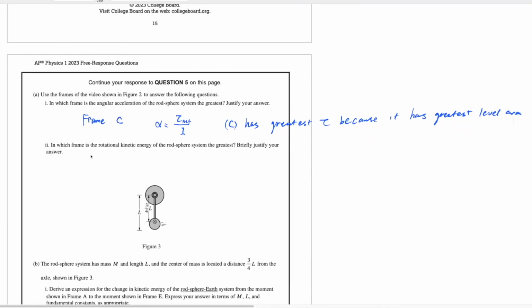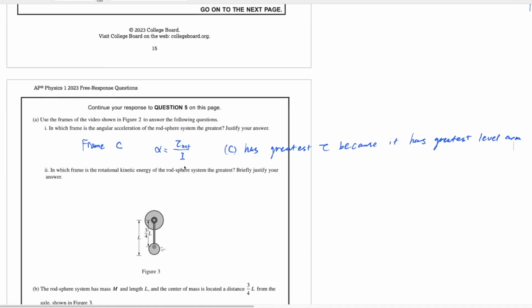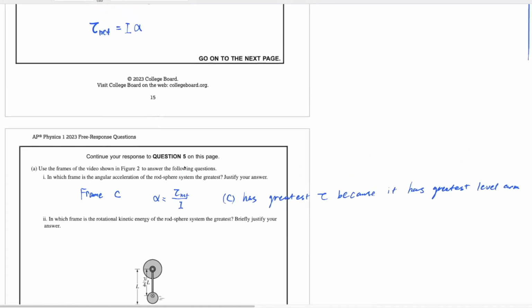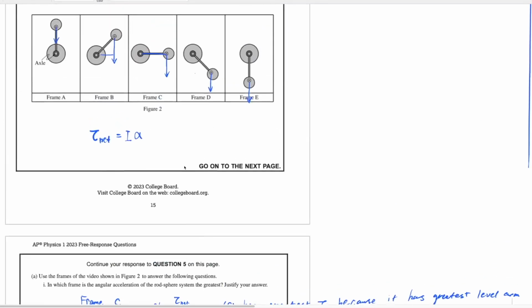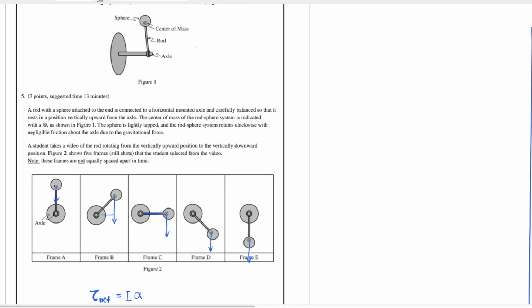A2. In which frame is the rotational kinetic energy of the rod sphere system the greatest? Rotational kinetic energy. So how can the system get rotational kinetic energy? This kinetic energy is actually coming from the potential energy, right? Initially, the center of mass is at the highest position, right?